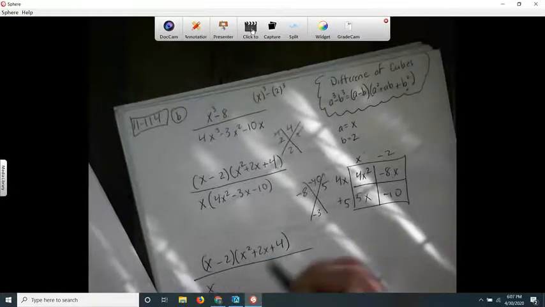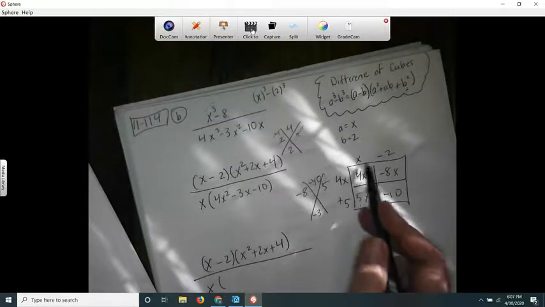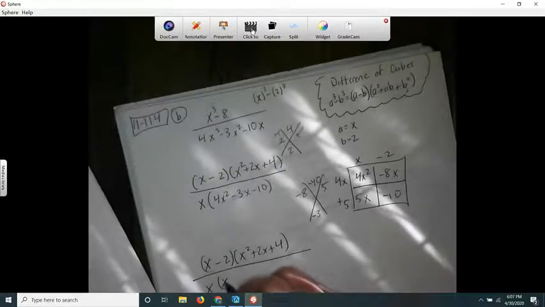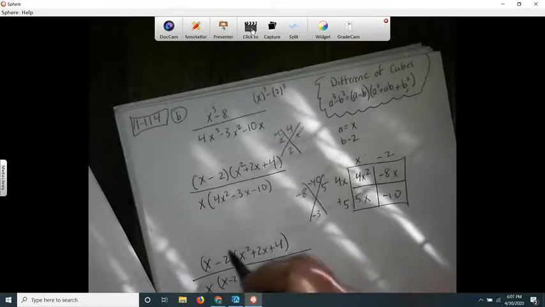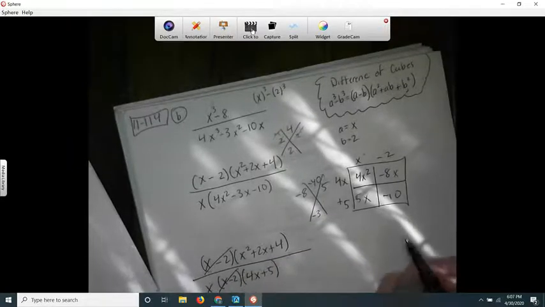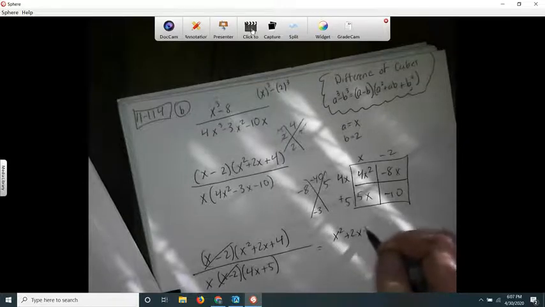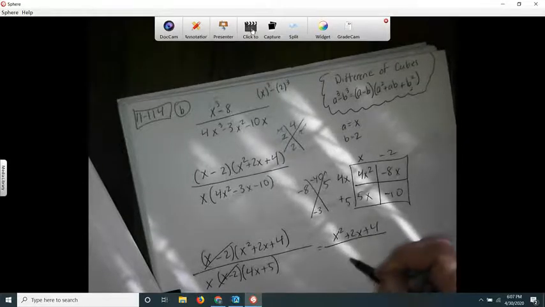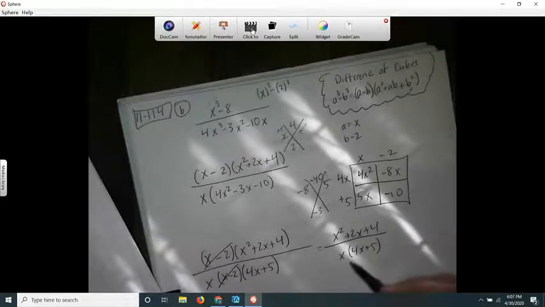I'm a little sad that this one didn't factor, but we got the x minus 2 factoring, so that's nice. Those two can cancel out, and then I'm just left with this. And if I want to, I can say this is 4x squared plus 5x.